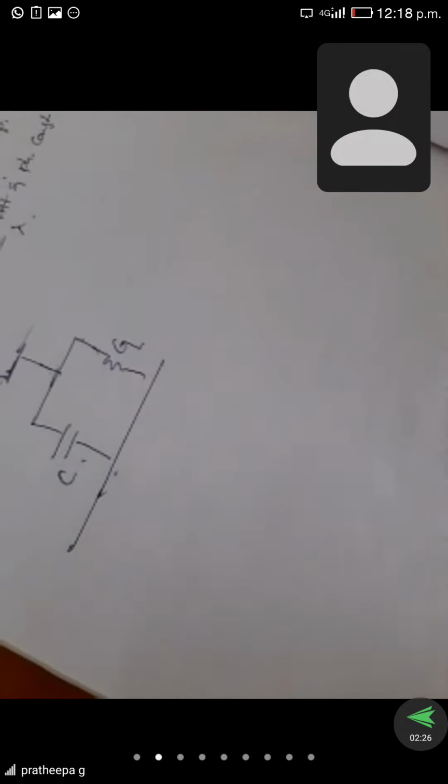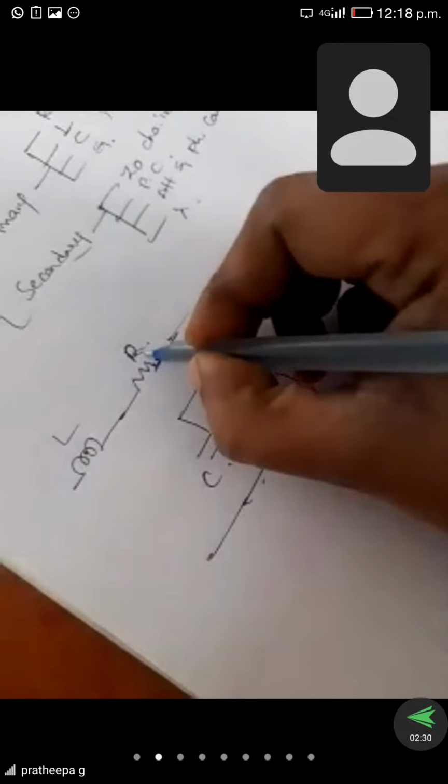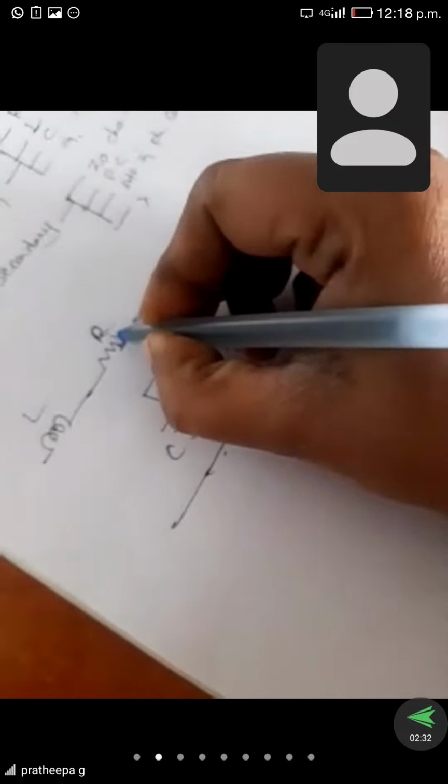That is called resistance here. Clear? And next, coming to L, inductance.